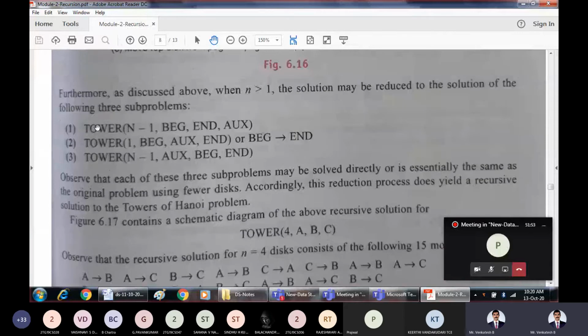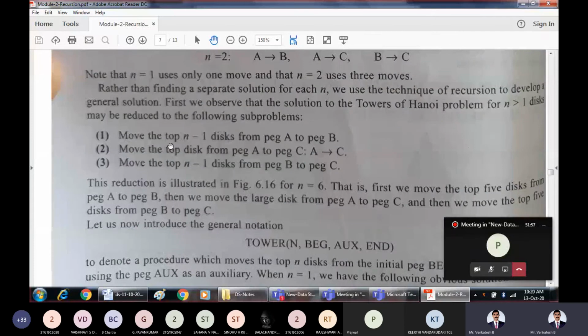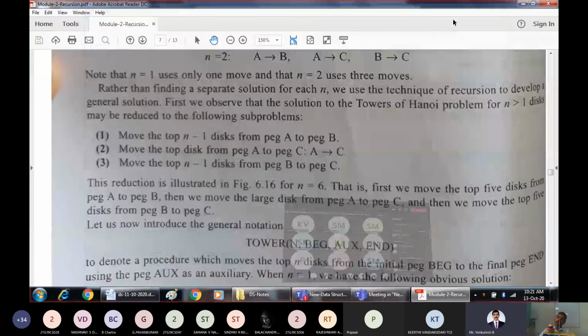So what it says is this one, just now what I explained. These three steps: move the top n-1 disks from A to B. The recursive solution you have to follow for this, so we should perform the movement.